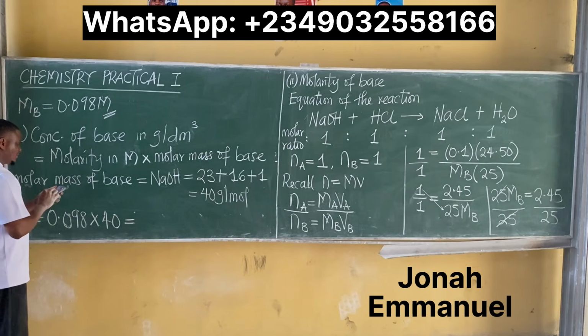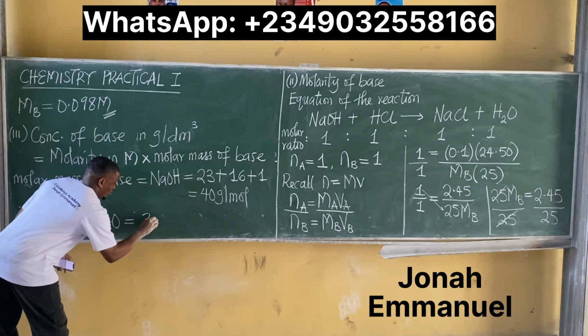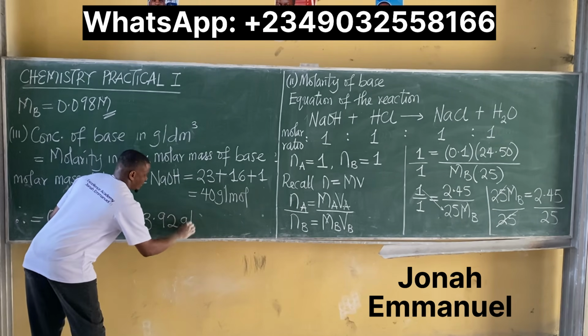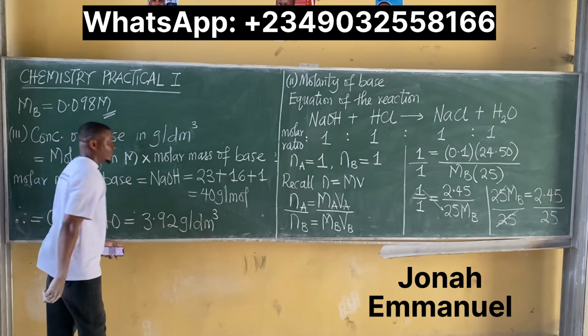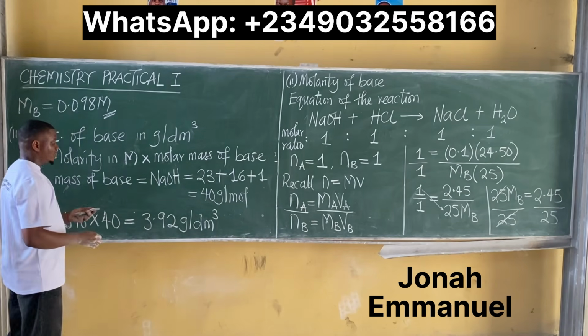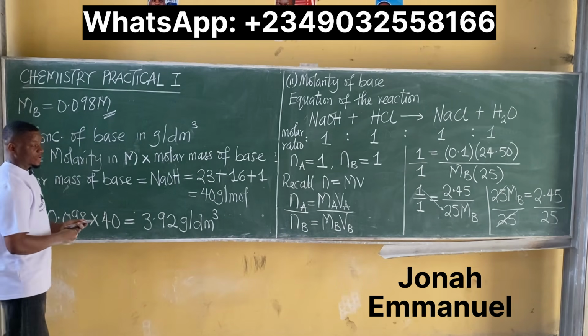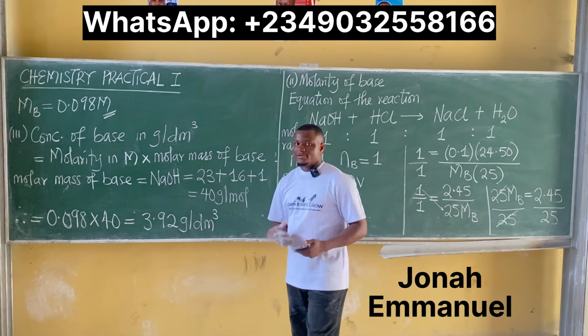Let's see what we have here. 0.098 times 40. That's about 3.92. So I have the value here, 3.92 in gram per dm cube. So this becomes the solution to the question. So basically, this is how we solve this question.